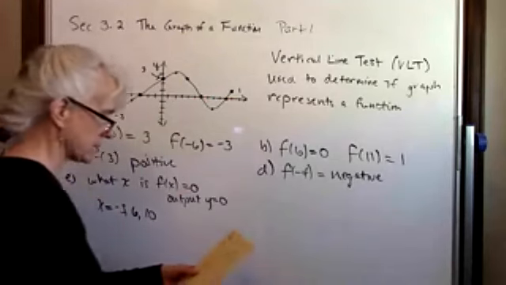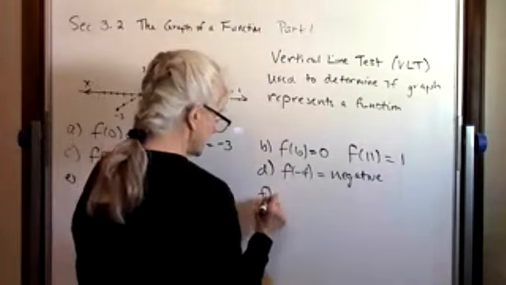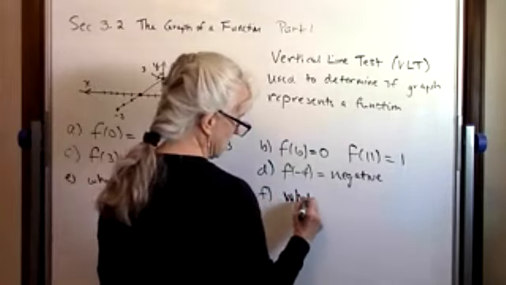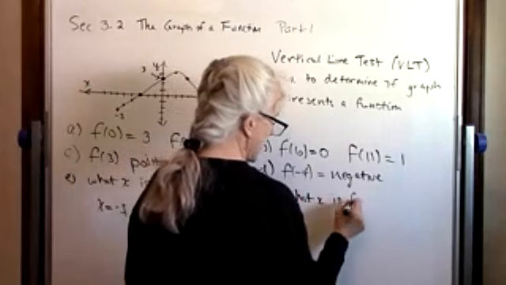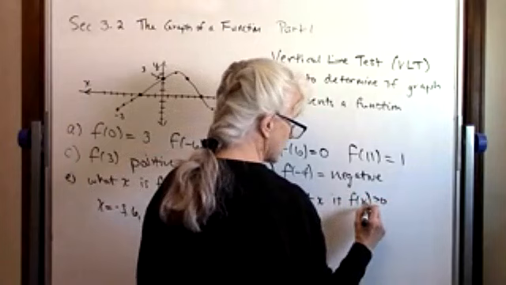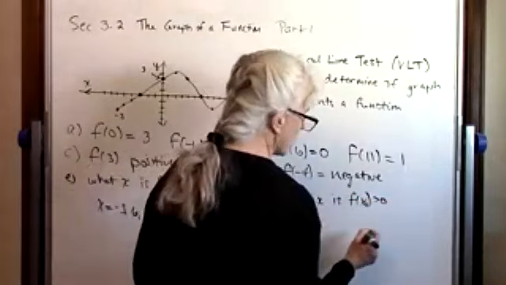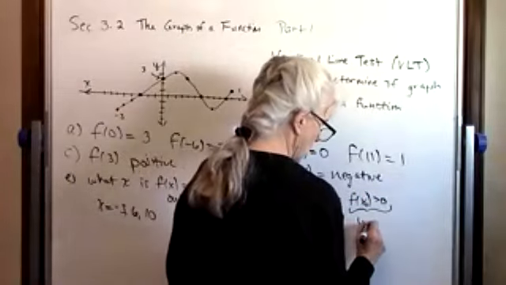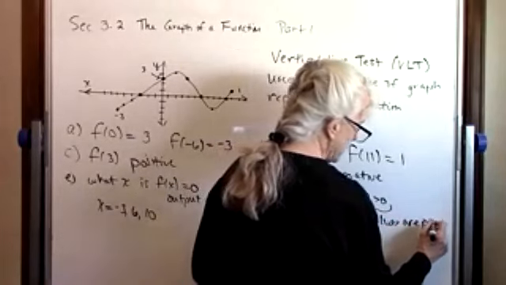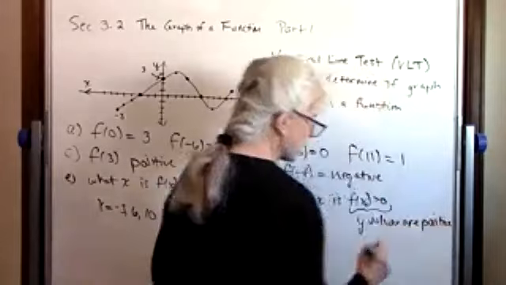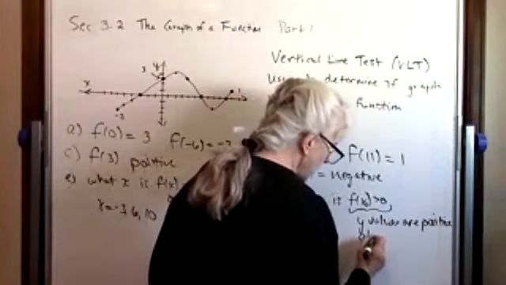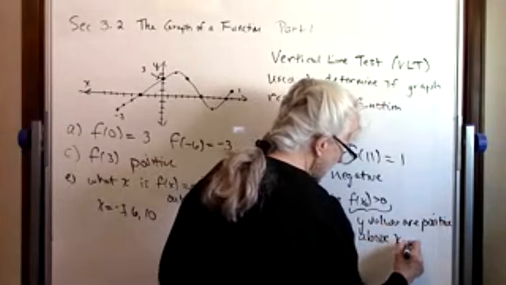That's a different way of asking the question. Part F says for what numbers of x is f of x greater than 0? So not equal to 0, but greater than 0. Greater than 0 means that the y values are positive, right? So where are the y values positive? Well, this is anytime I am above the x-axis.